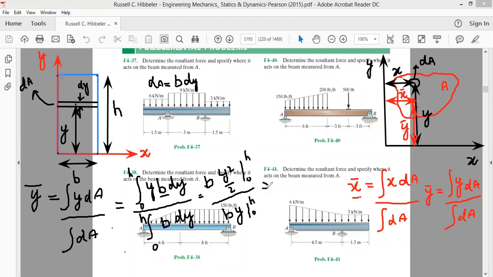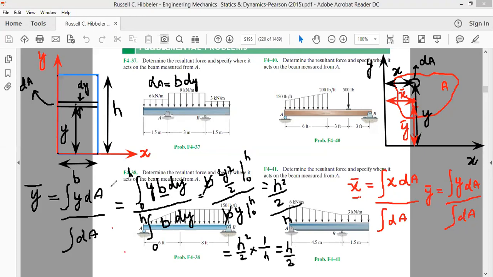The b's cancel, so substituting the value of h, it will be h square by 2 divided by h, which is h square by 2 multiplied by 1 by h, which is h by 2.